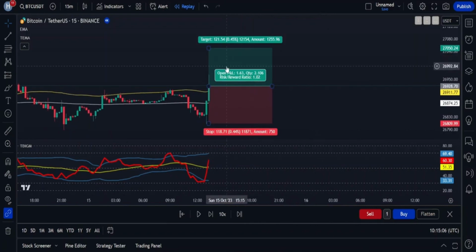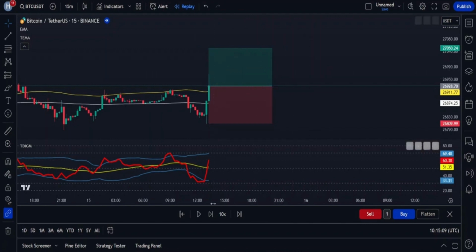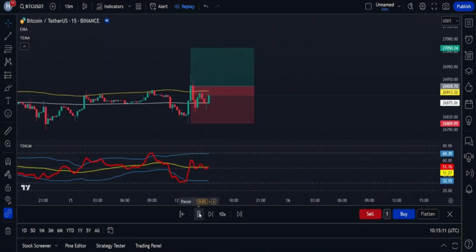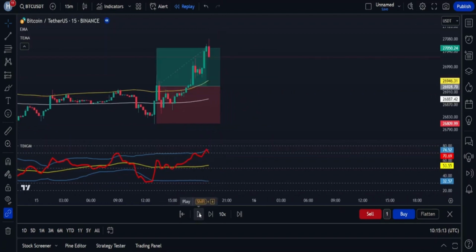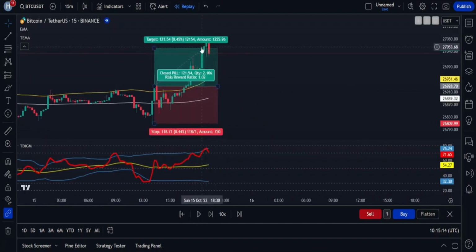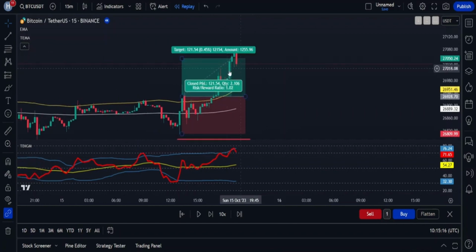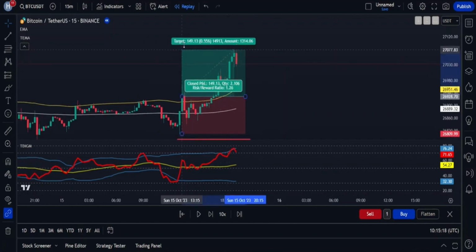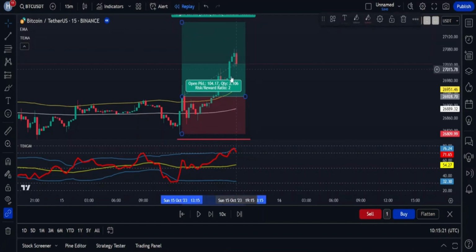Here we see that the red line has crossed below the lower line of the Bollinger Band. The price has come close to the triple exponential moving average, and then rises above both the triple exponential moving average and the regular EMA, which indicates that the trend is starting to turn around.